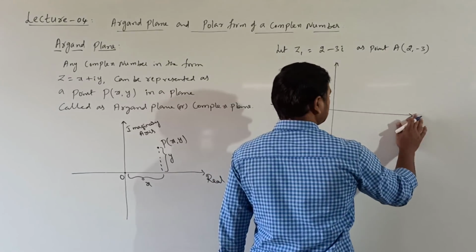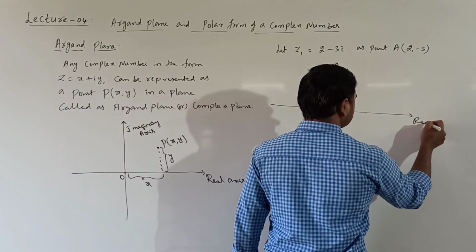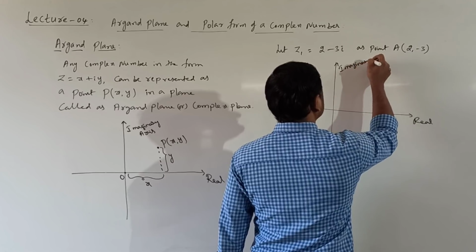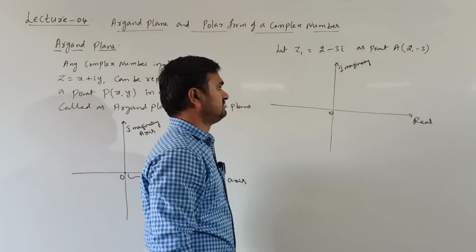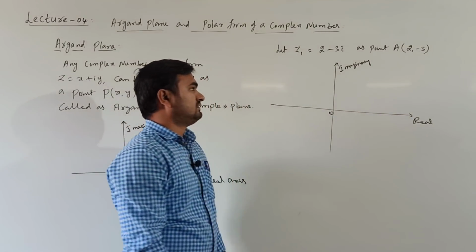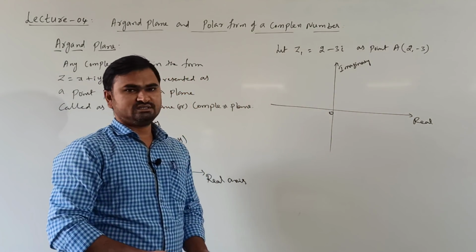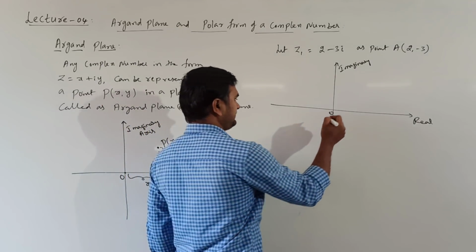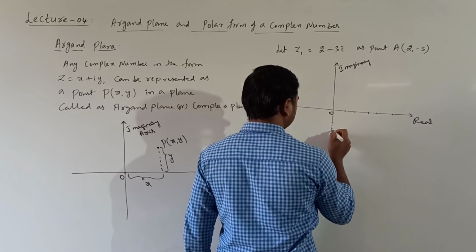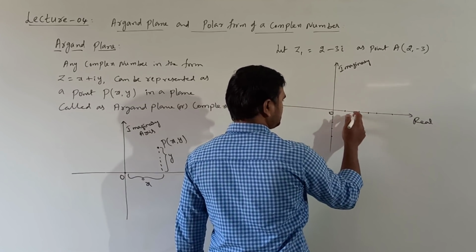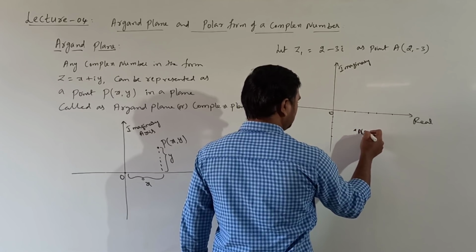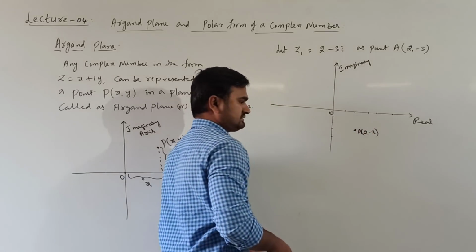This is not the x axis, this is the real axis, and this is the imaginary axis, this is the origin. X is positive, y is negative, so we take it like this. So this will be the point A (2, minus 3).